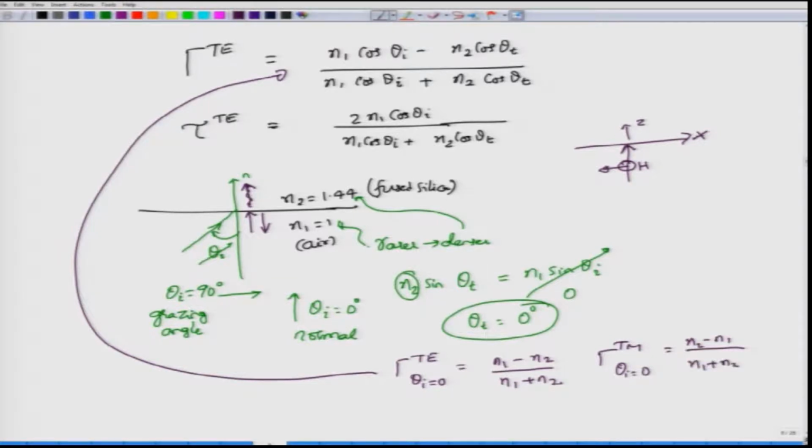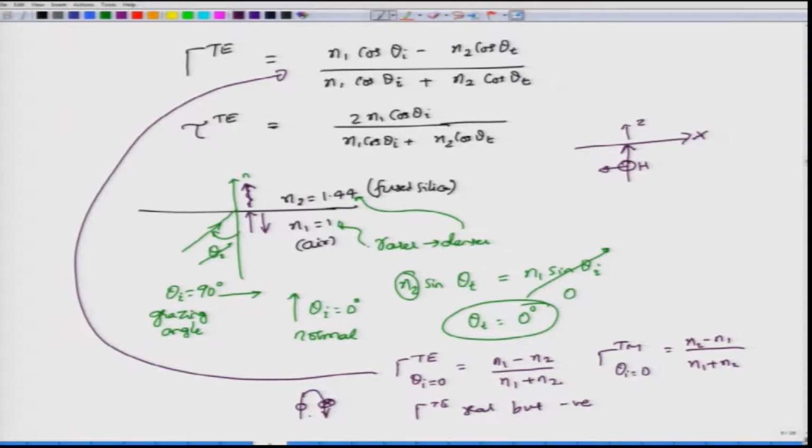Okay. Now, given the values that we have chosen, N1 is 1 and N2 is 1.44, clearly gamma TE will be real but negative, which means that as the wave for the transverse electric goes in, right, the electric field is along y axis, and the wave then when it comes back would actually undergo a reversal. So, electric field would be directed in the opposite direction, right.